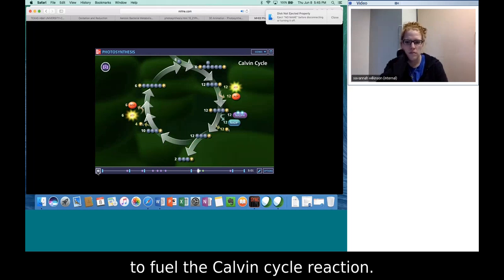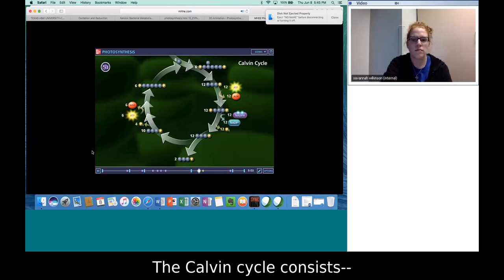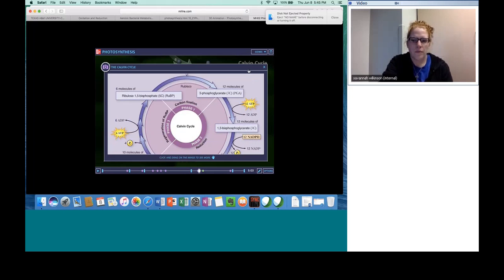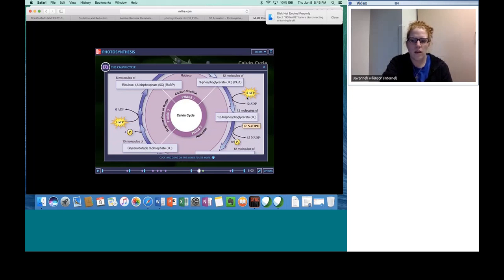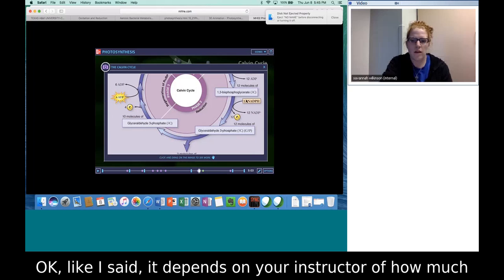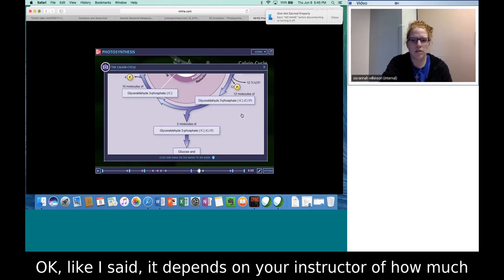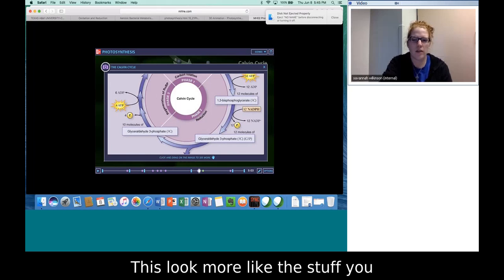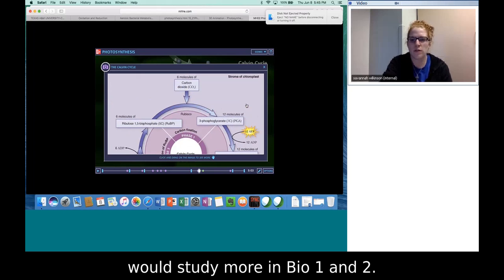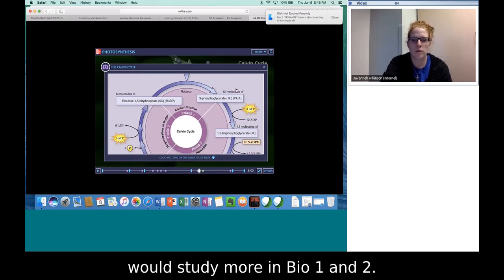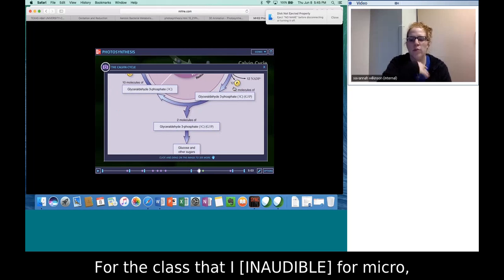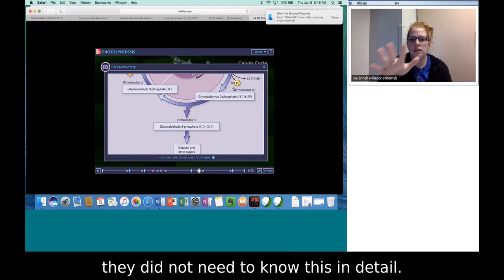The Calvin cycle consists of. Okay, like I said, it depends on your instructor how much they want you to know. This just looks more like the stuff you would study in Bio 1 and 2. For the class that I assigned for micro, they did not need to know this in detail.